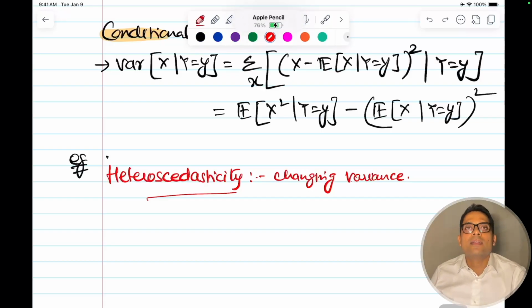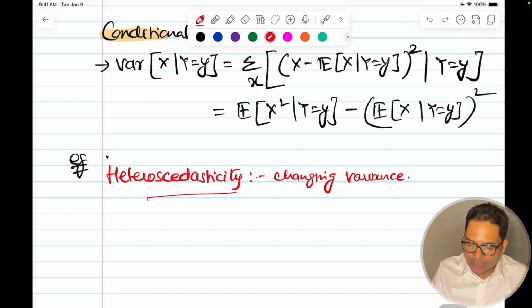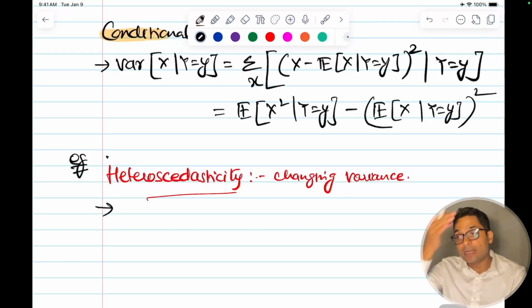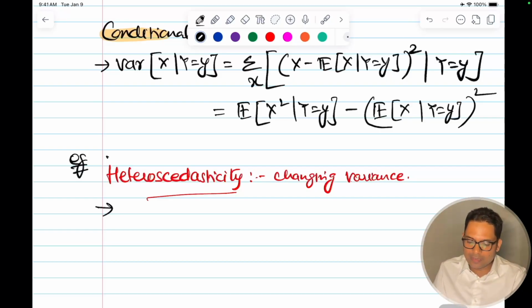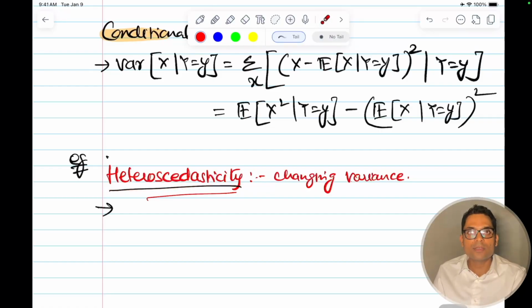When we are modeling, if the model captures this heteroskedasticity, which is very difficult for me to pronounce, that will give me more accurate results, because it is capturing some more change in my input data.